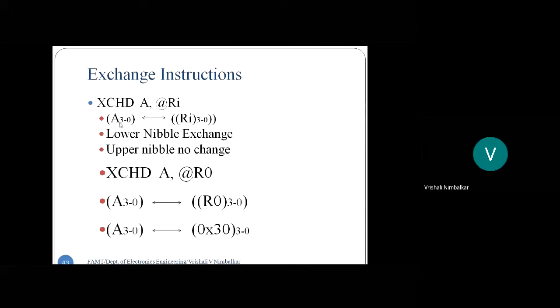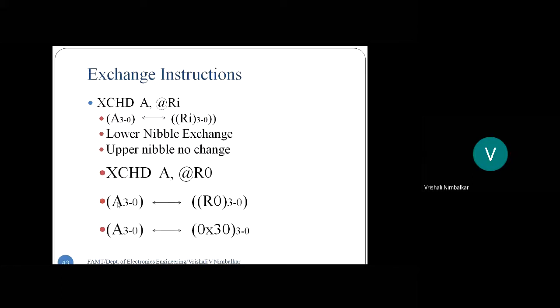See, we say it is an 8-bit data transfer. Out of that, only 4 bits transfer, right? The lower nibble gets exchanged, whereas the upper nibble does not change. Okay, so a specific example has been written: XCHD A comma @R0. The lower nibble pointed by R0, hence it is written only lower 4 bits, bits 0, 1, 2, 3. So the lower nibble pointed by R0 is exchanged with, see the arrow is bidirectional, the lower nibble of the accumulator.